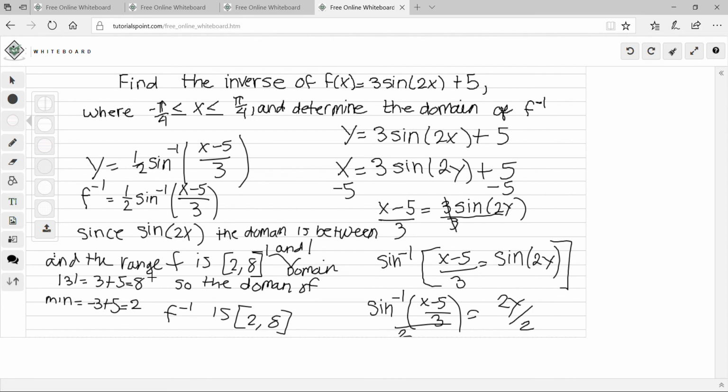So we said that the range of f over here is 2, 8. And so if we switch the x and y's, the domain we get is still 2, 8. So this is our final answer. So that's your final answer, and that's pretty much it for today.